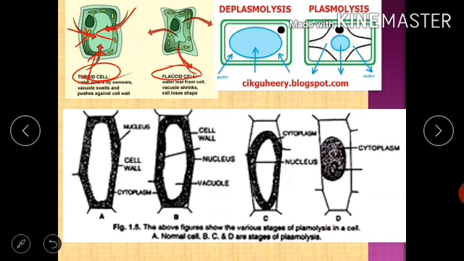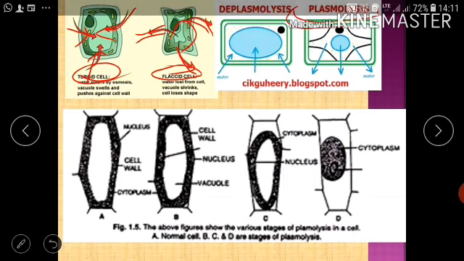The water moves out. The water comes outside and the cell shrinks. The protoplasm of the cell or the vacuole shrinks and loses its shape. Now next is plasmolysis.